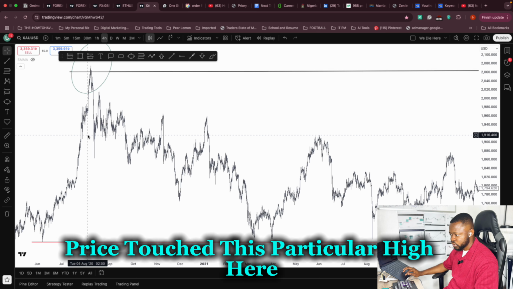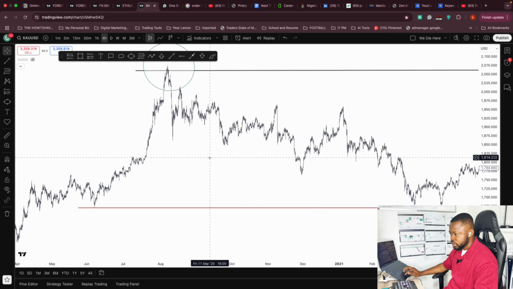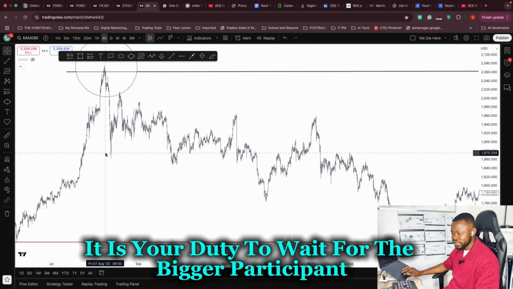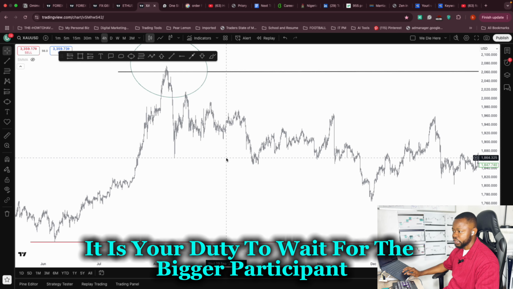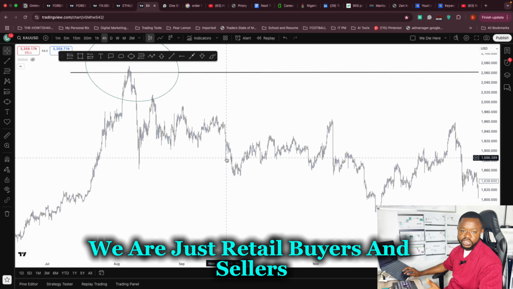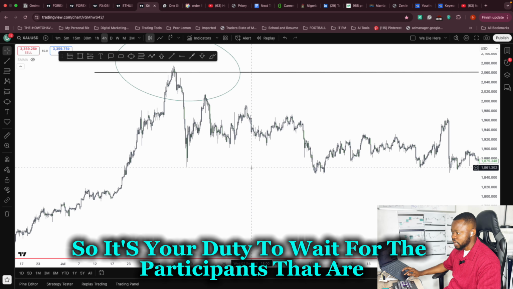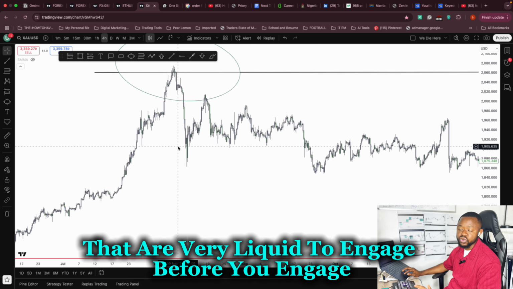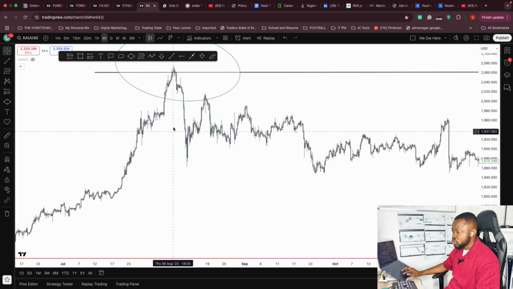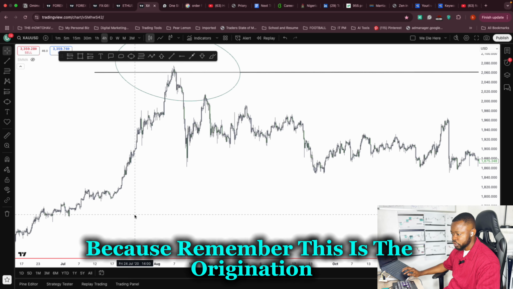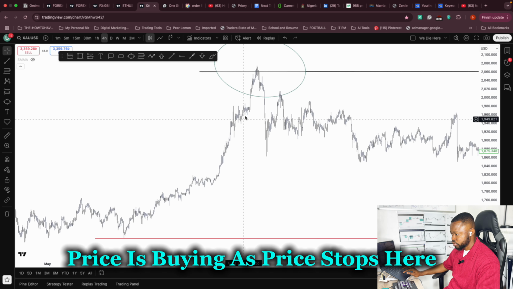Look at it. Price tapped this particular high here. Before price did this, it is not your duty to determine this. It is your duty to wait for the bigger participants, because you and I are just retail buyers or sellers. So it's your duty to wait for the very liquid participants to engage before you engage. As price tapped here, remember this is the origination, price is buying.